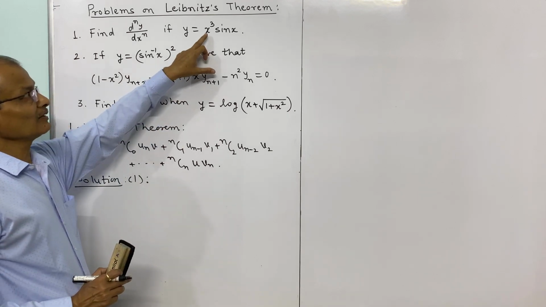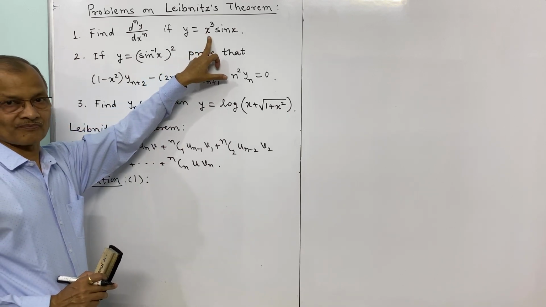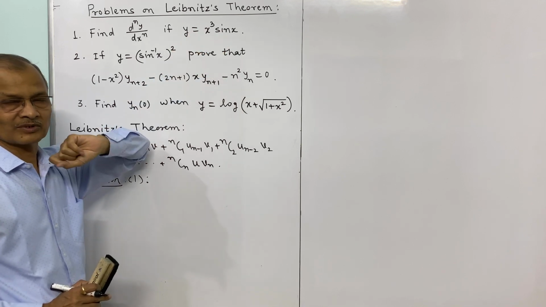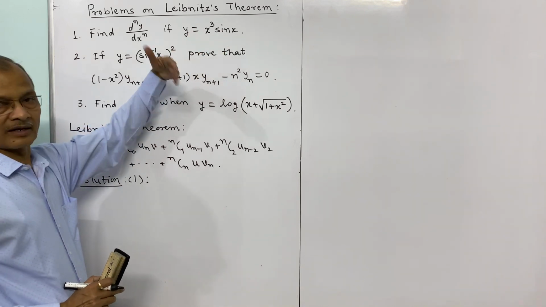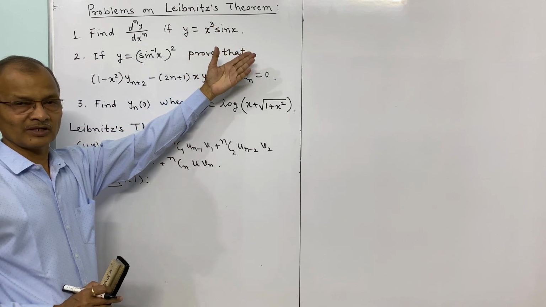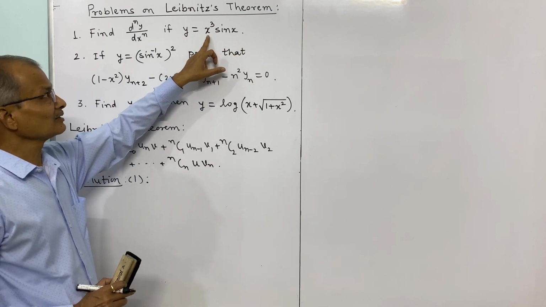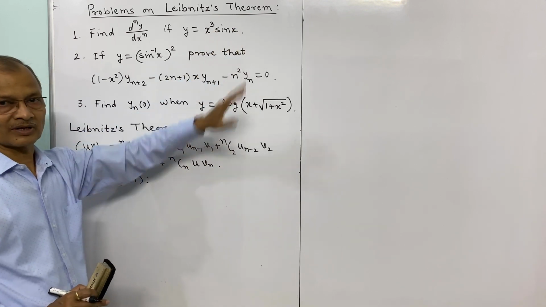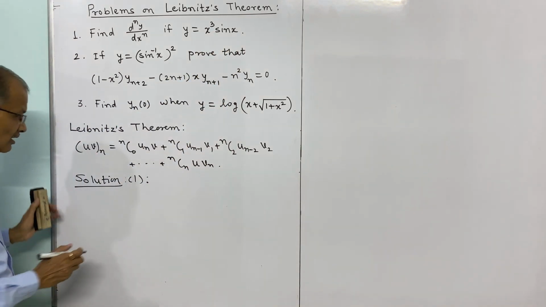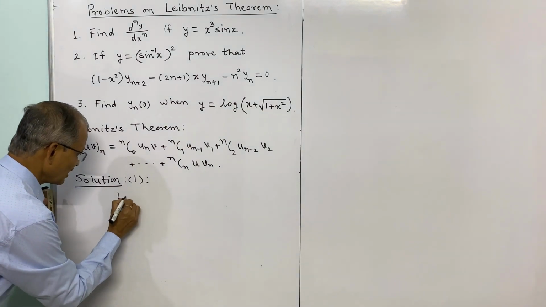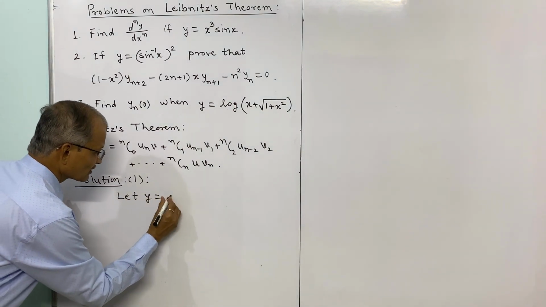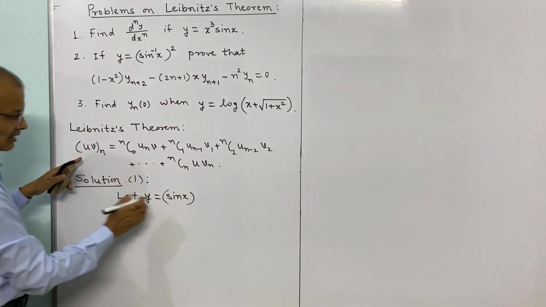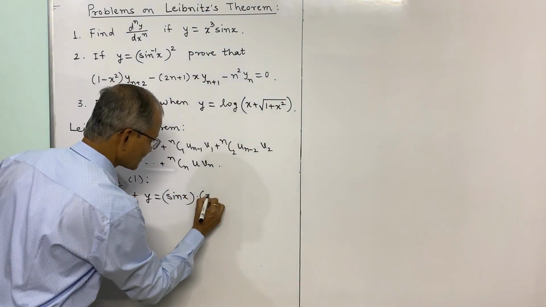Because we know that if it is x to the power m, then its mth derivative becomes constant, and the next derivative of constant will be 0. So we shall select this as second function, so that the derivative will vanish after the third derivative. For this purpose, let y is equal to u times v, where sin x is selected as first function u, and v we shall select as x cube.